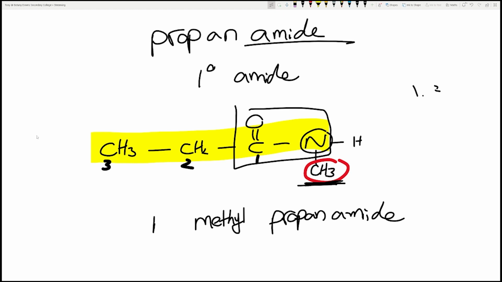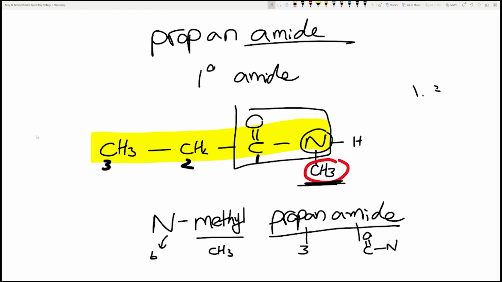So this is called N-methylpropanamide. If you translate this, I have 3 carbons in the longest chain. Amide means I have a CON. Methyl means I have a CH3. Where is it? It's bonded to the nitrogen. So that's N-methylpropanamide.